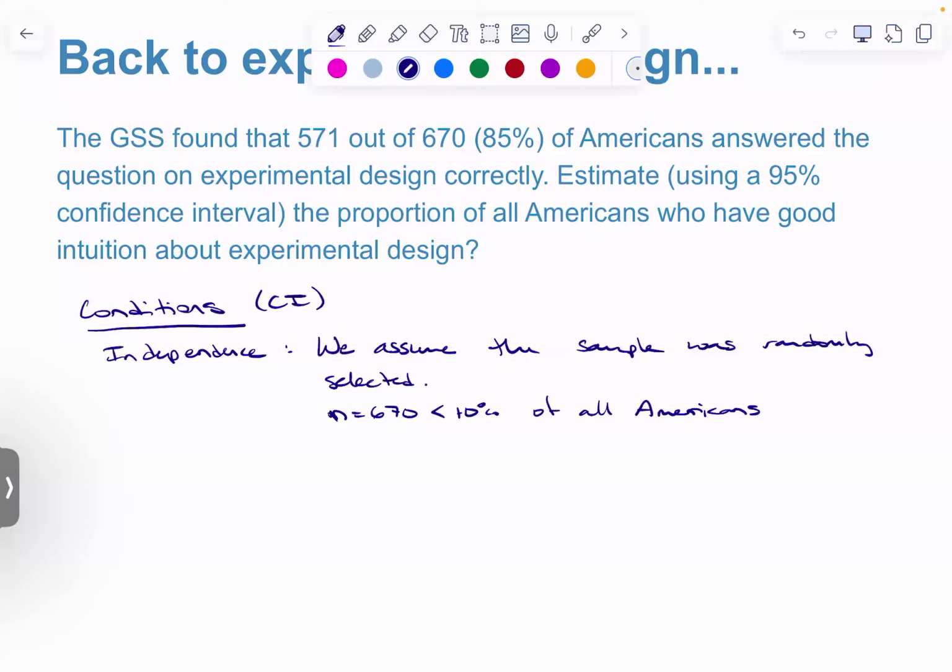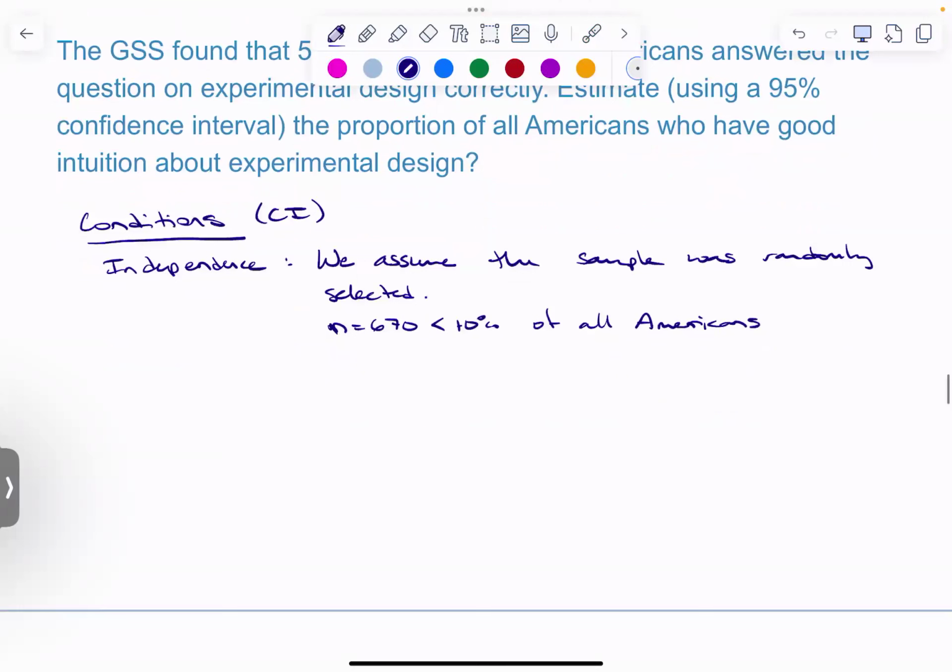Probably adults, but it just says Americans. These conditions are the same for a hypothesis test. So far, we've checked the conditions for both a confidence interval and a hypothesis test. It's the normality condition where they're just slightly different.